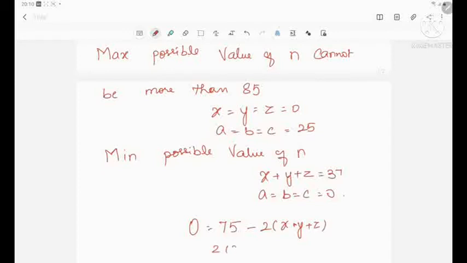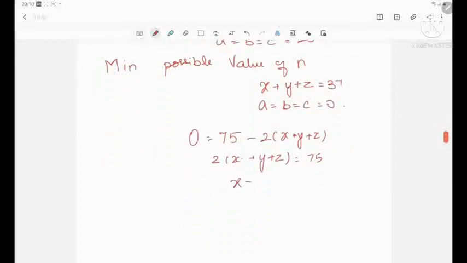So we infer that 2 times (x plus y plus z) is equal to 75. So x plus y plus z is equal to 37.5. Here we should consider the integer value, so it should be 37. Hope you understand why we consider x plus y plus z as 37. So we get the minimum possible value of n when x plus y plus z is equal to 37.